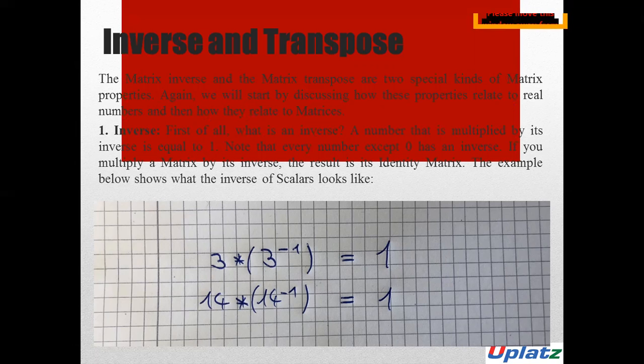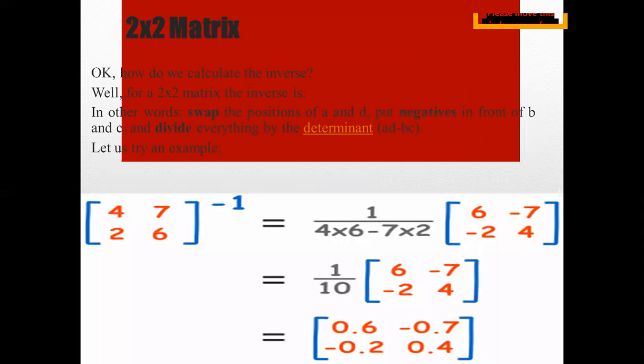If you multiply a matrix by its inverse, the result is the identity matrix. The example you can see there, for 3, its inverse is 1 divided by 3. So 1 divided by 3 multiplied by 3 is 1, and 14 is a number, its inverse is 1 by 14. So 14 multiplied by 1 by 14 is again 1, correct? So this is the inverse.